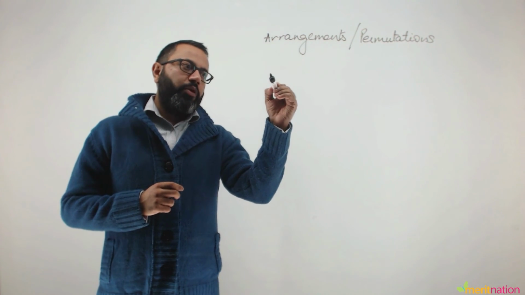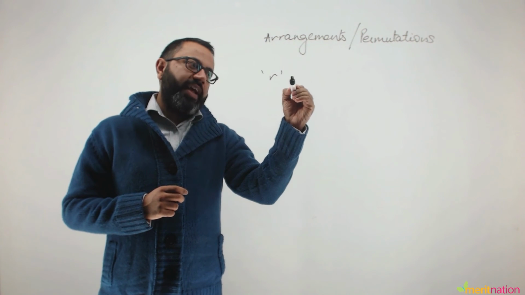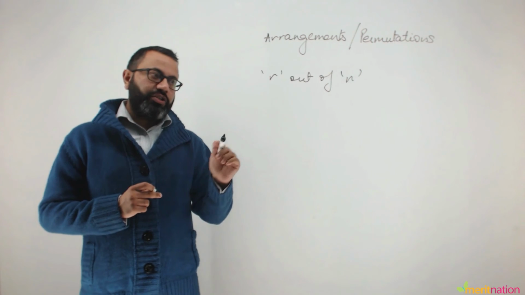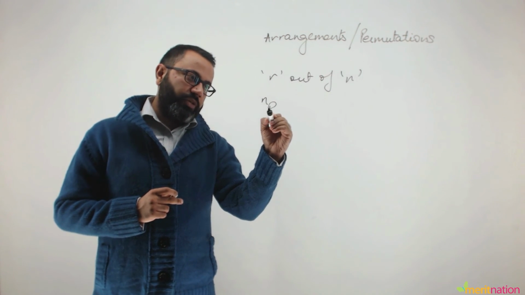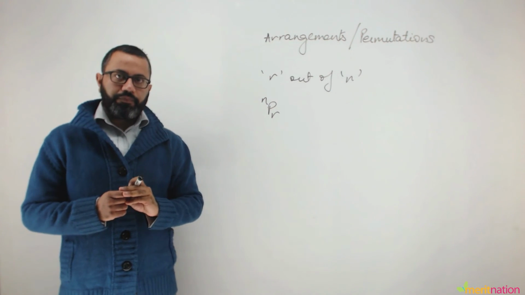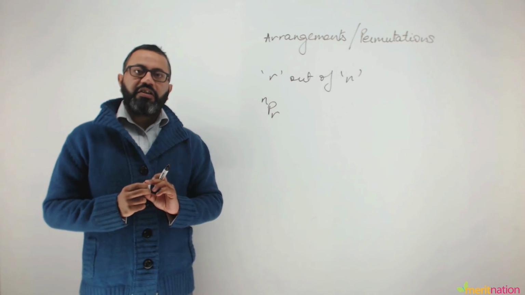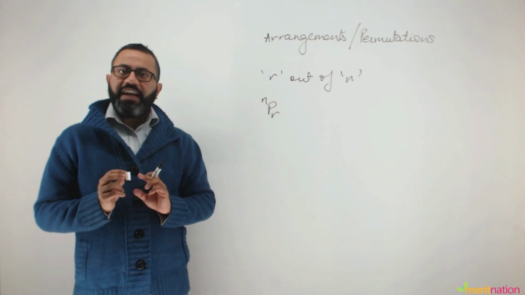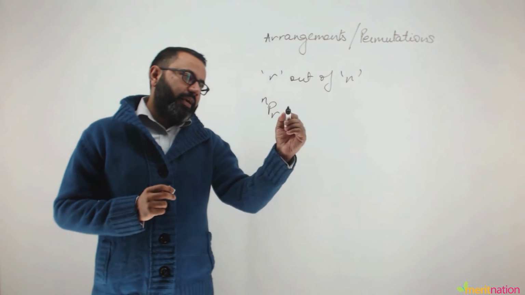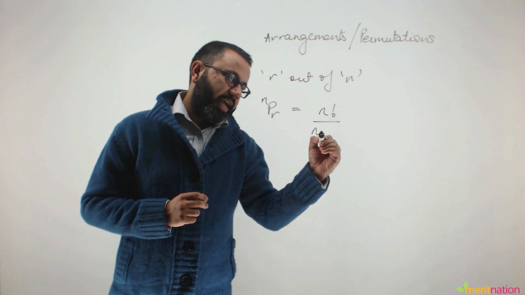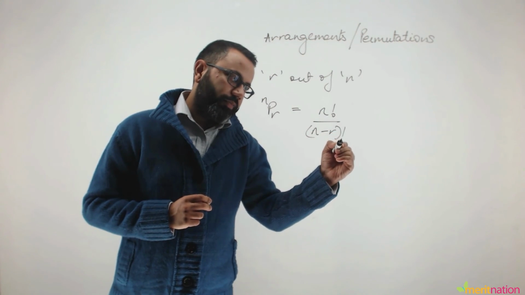And we learned that the number of ways in which R out of n objects can be arranged is given by this expression nPr. For calculation purposes, we like to think of nPr as the first R terms in the expansion of n factorial, and mathematically the expression for this is given by n factorial upon n minus R whole factorial.